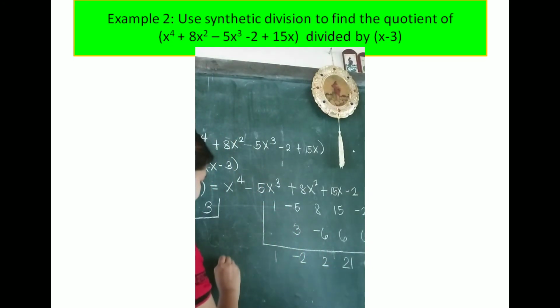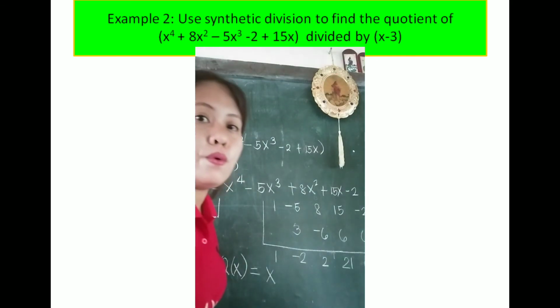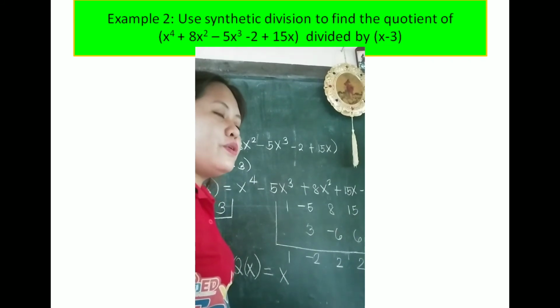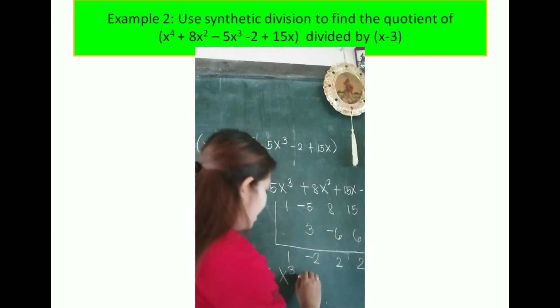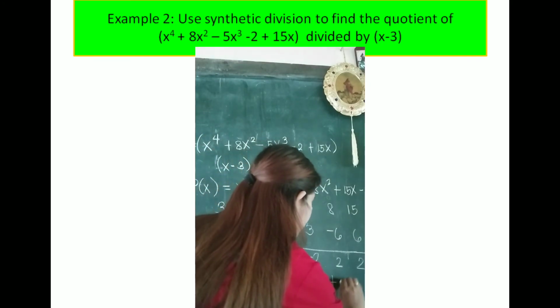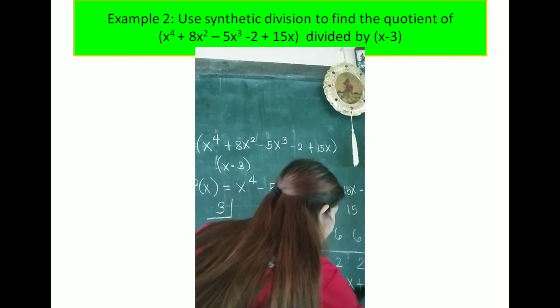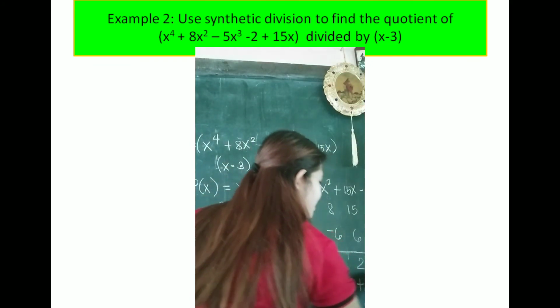Write your quotient q of x is equal to the first number, x, and the degree is 1 less than your dividend. Since your dividend is of degree 4, your quotient will start with degree 3, and then followed by negative 2x squared plus 2x plus 21. Oops, the last number is 61.